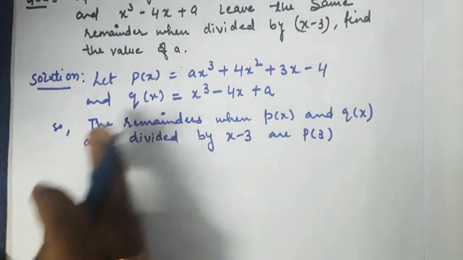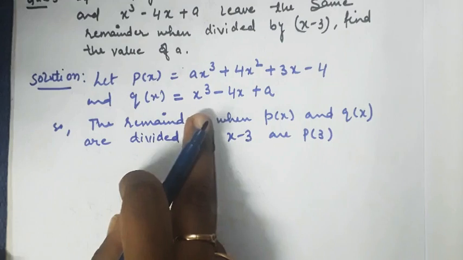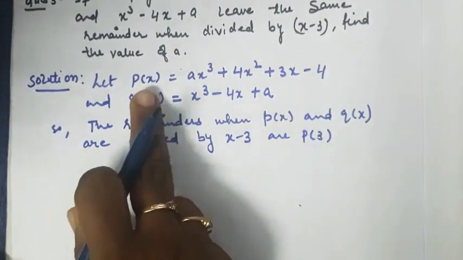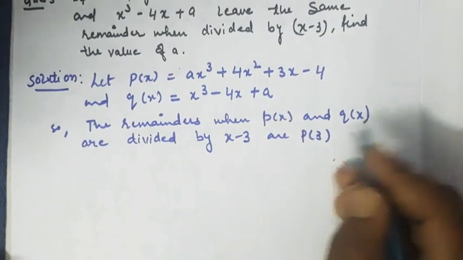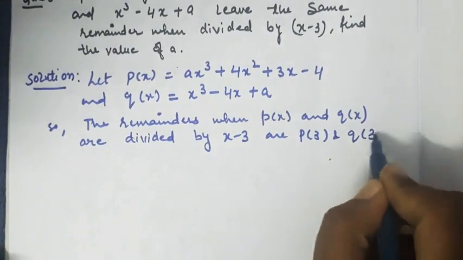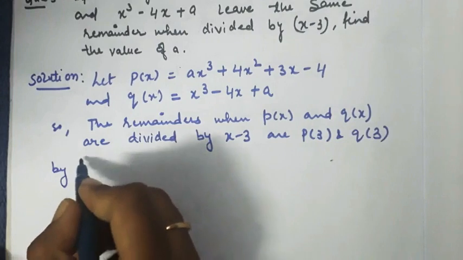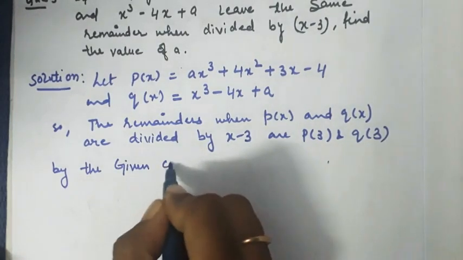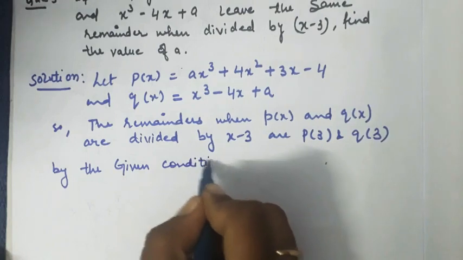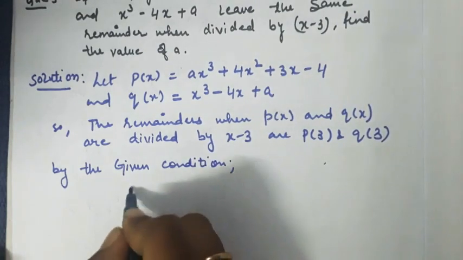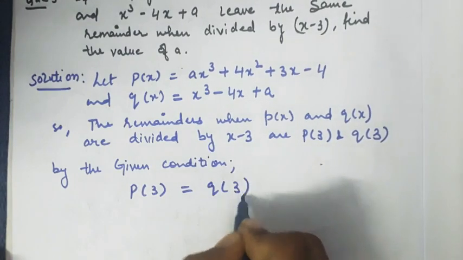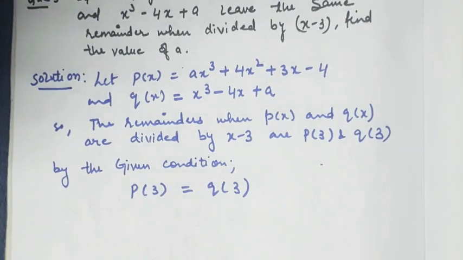And it is given that they leave the same remainders. So p of 3 will be equal to q of 3, right? By the given condition, the remainder is the same when divided by x minus 3.